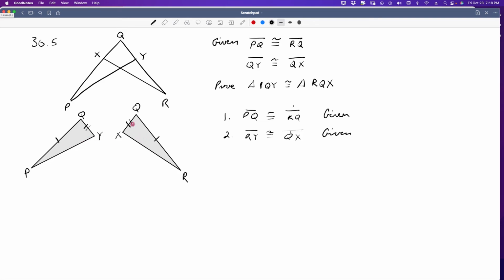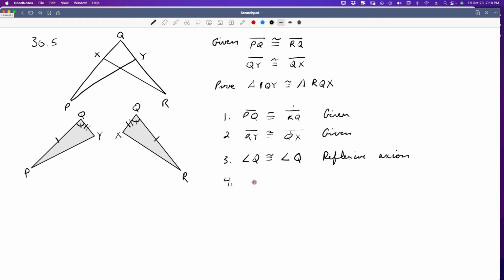Well, the one thing we know for sure is that Q is the same angle in both. So we can make that a congruent angle for both of these. So number 3 would be that angle Q is congruent to angle Q. Right? So that would be, again, reflexive because it is the same in both. Reflexive property or reflexive axiom is what, because it's a known truth that a thing is equal to itself.